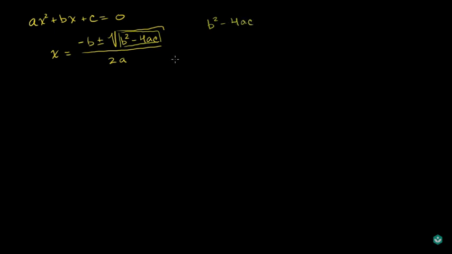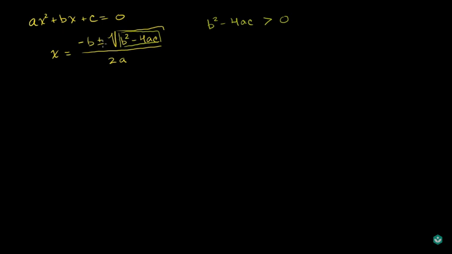And we've seen it in a couple of the problems we've done as examples, that this kind of determines what our solution is going to look like. If, for example, b squared minus 4ac is greater than 0, we're going to have two solutions, right? The square root of some positive number that's non-zero.